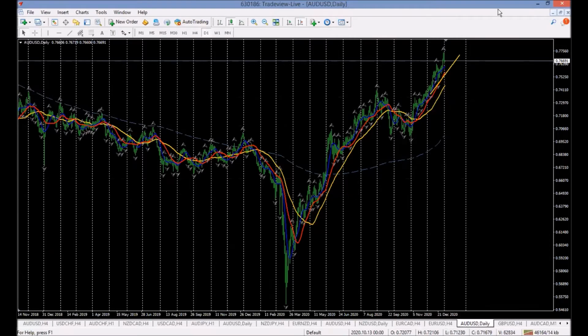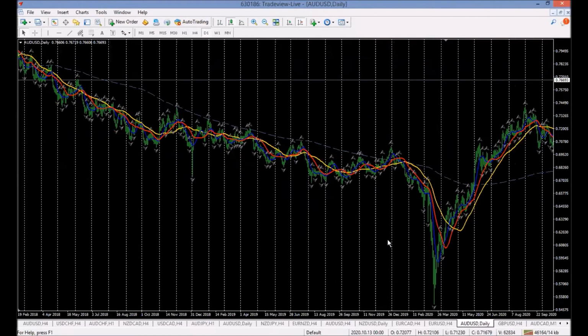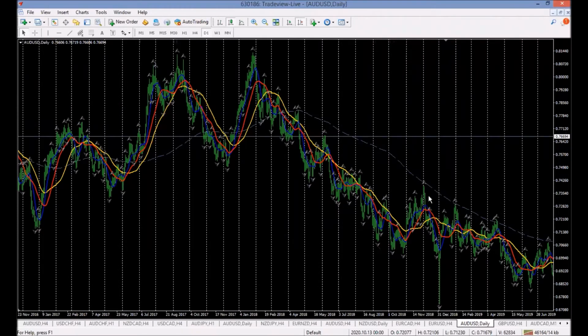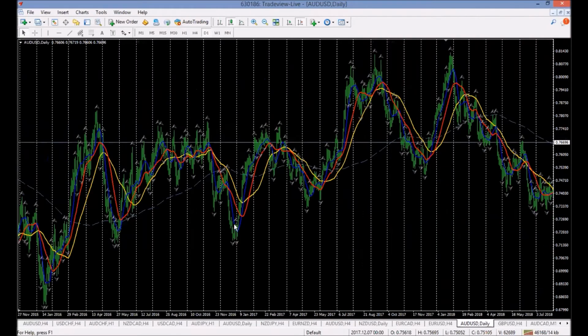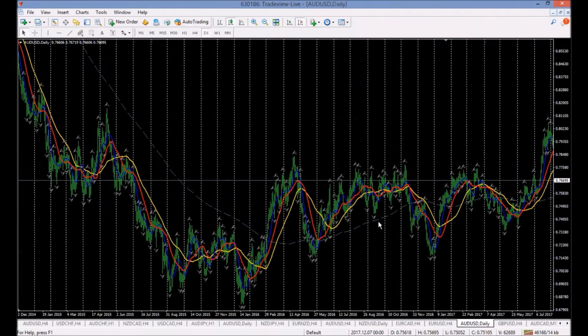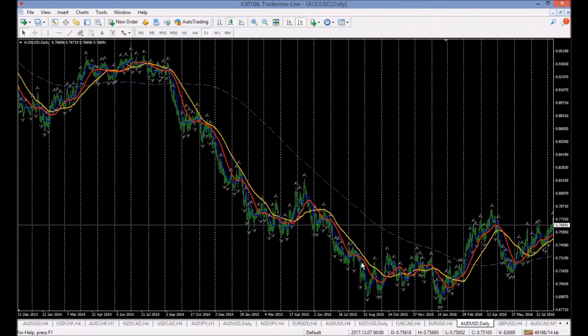It doesn't happen often where it is trend continuing. It's normally bottom of a trend reversing. Top of a trend, you get an M pattern. And then on the New Zealand dollar, we had the reverse. So you look through these chart patterns, you want to understand what's going on here. Bottom of a trend reversing.